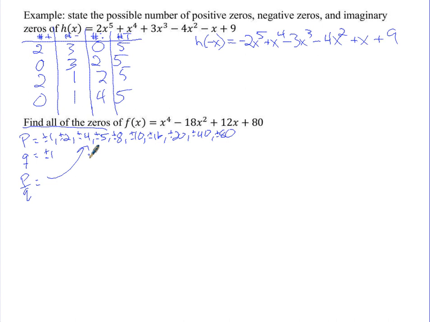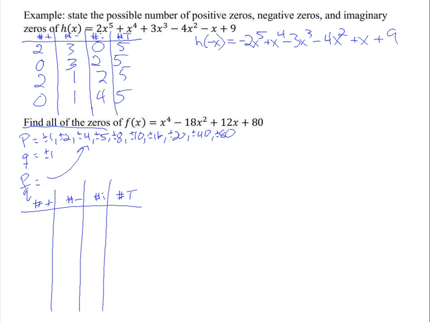Okay, now Descartes' rule of signs. So number of positive possible roots, number of possible negative roots, number of possible imaginary roots, number total. Number of possible positive real roots. How many more adjectives can I use on roots? How many sign changes do we have in the positive polynomial?